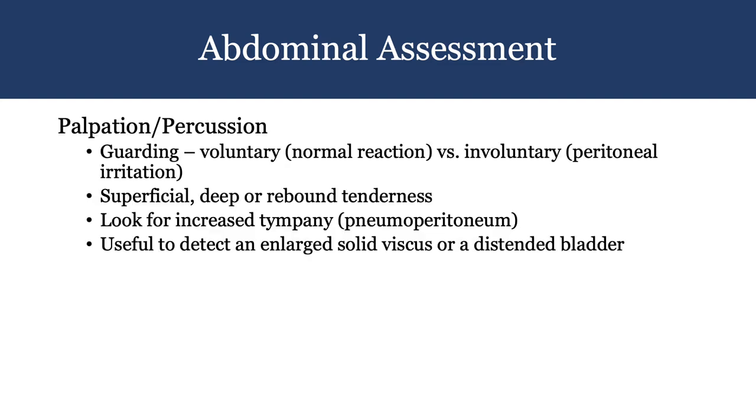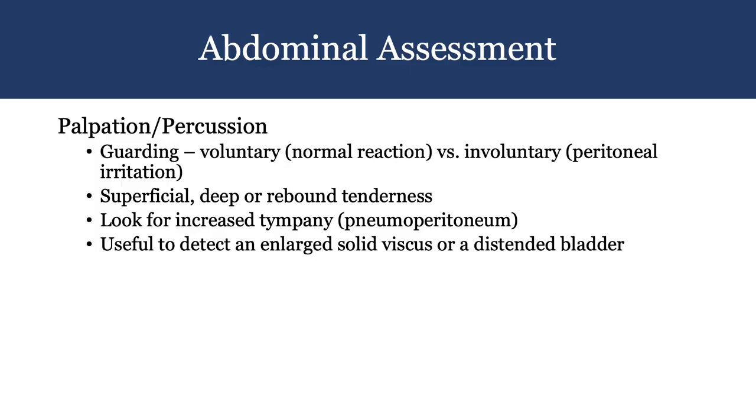Furthermore, as you move on to palpate and percuss the abdomen, if you have guarding, which could be voluntary or involuntary, these point to peritoneal irritation, and you should think of abdominal injuries. On superficial and deep palpation, you could get rebound tenderness.